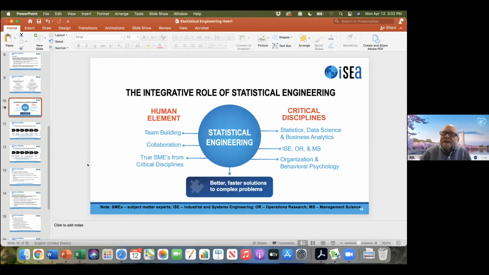So it studies how to incorporate collaboration, team building, the subject matter expertise from critical disciplines. How do we take all this stuff and link it and integrate it to solve a problem? That's fundamentally what engineering is all about. In this particular case, the fundamental science behind it is the statistical methods, although it borrows heavily from methods in other disciplines.